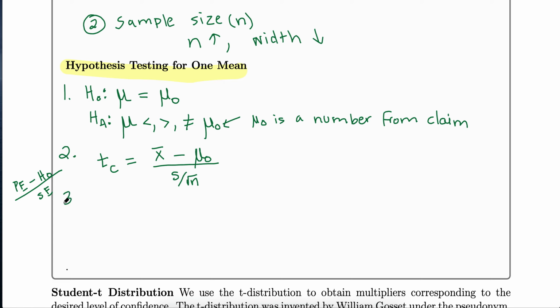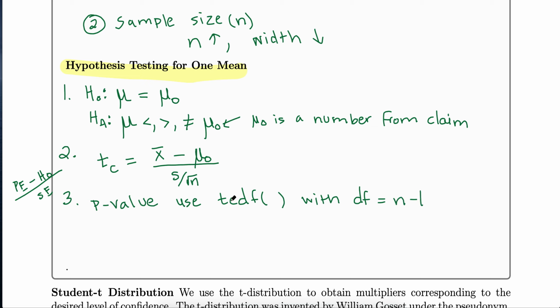Then our p-value is going to be found in much the same way. If you remember, for proportions, we use normal CDF. Here, we're going to use a function on our calculator called tCDF. I'm going to write that down just like this. I'll say with this quantity df is equal to n minus 1.